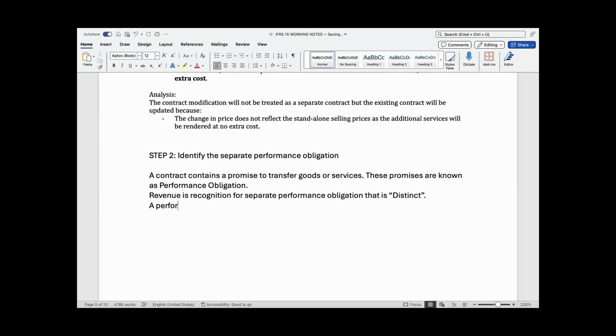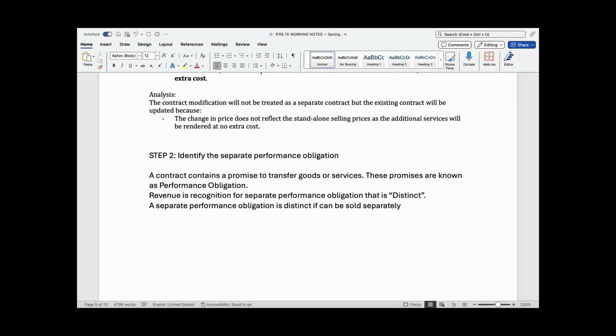And when we say distinct, a separate performance obligation is distinct if it can be sold separately.